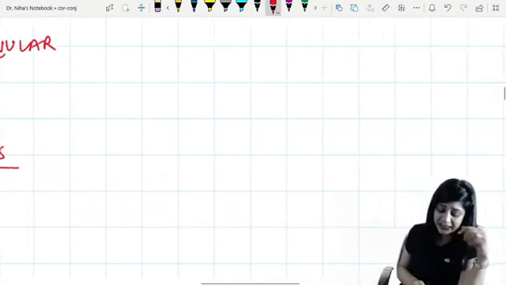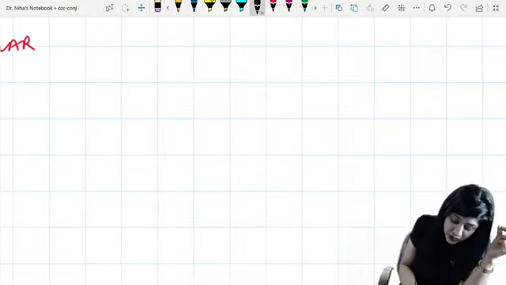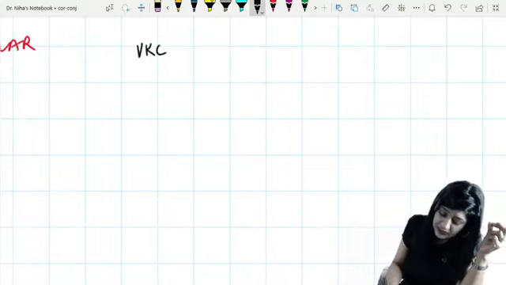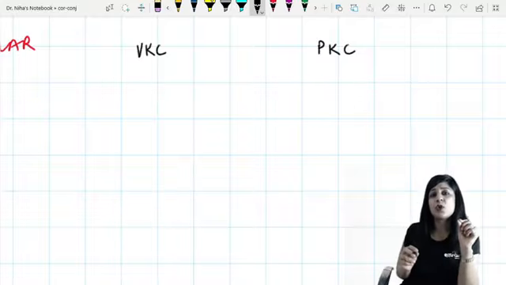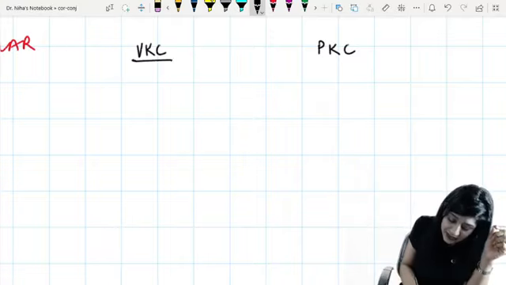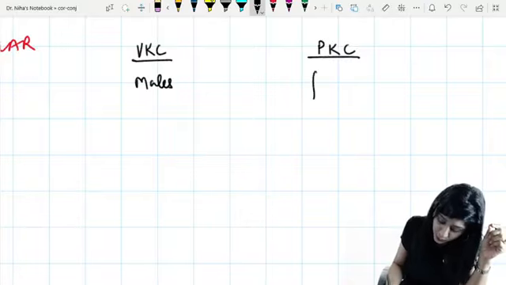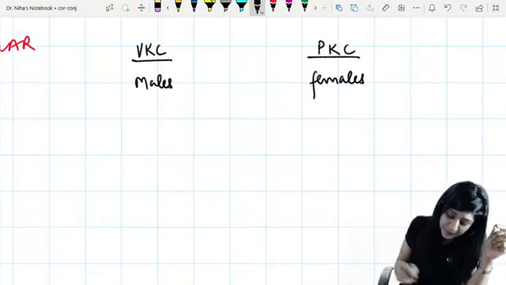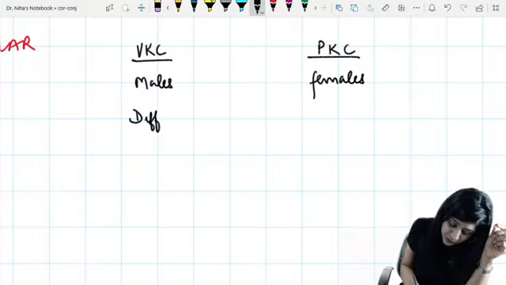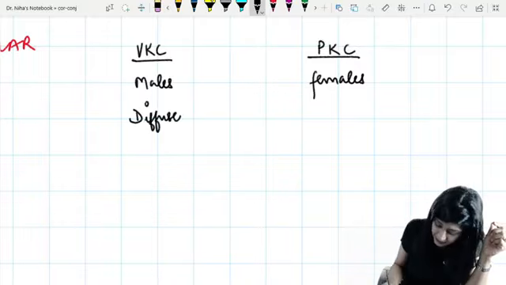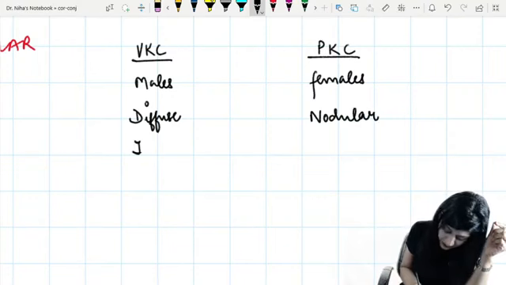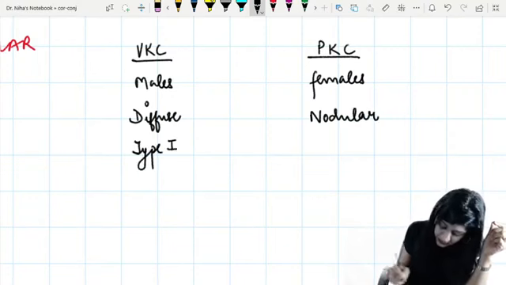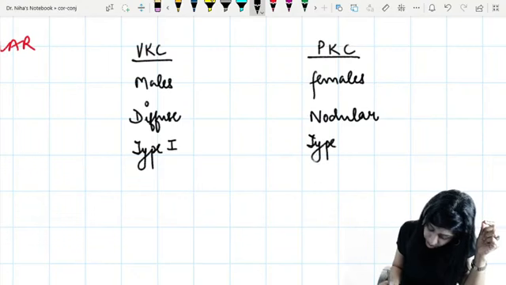Now the main challenge is how to differentiate between VKC and phlyctenular keratoconjunctivitis. There are certain things you should always see: VKC is more common in males while phlyctenular is more common in females. This was a diffuse allergy, while this is a nodular keratoconjunctivitis. This is a type 1 hypersensitivity reaction, while this is type 4.